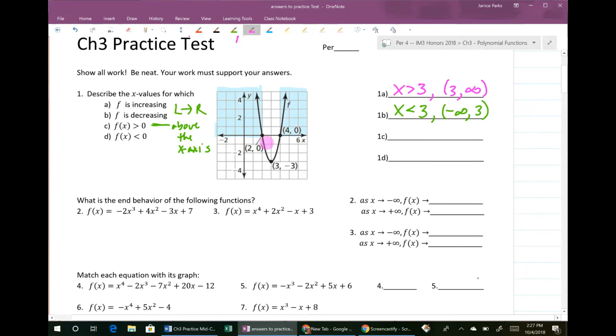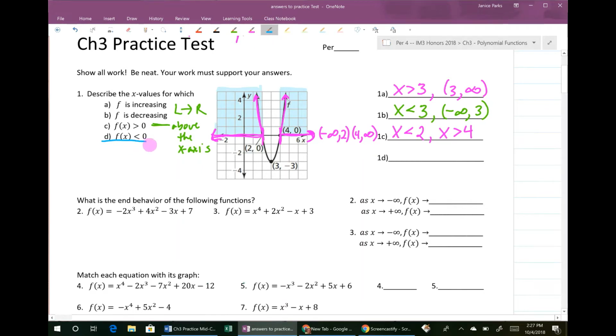So that means that if you look at where the numbers are, to the left of 2 and to the right of 4, the graph is now above the x-axis. So the left of 2 means that x is less than 2, so all the numbers less than 2, and greater than 4. So x is greater than 4. In interval notation, you would say from negative infinity to 2 and from 4 to positive infinity.